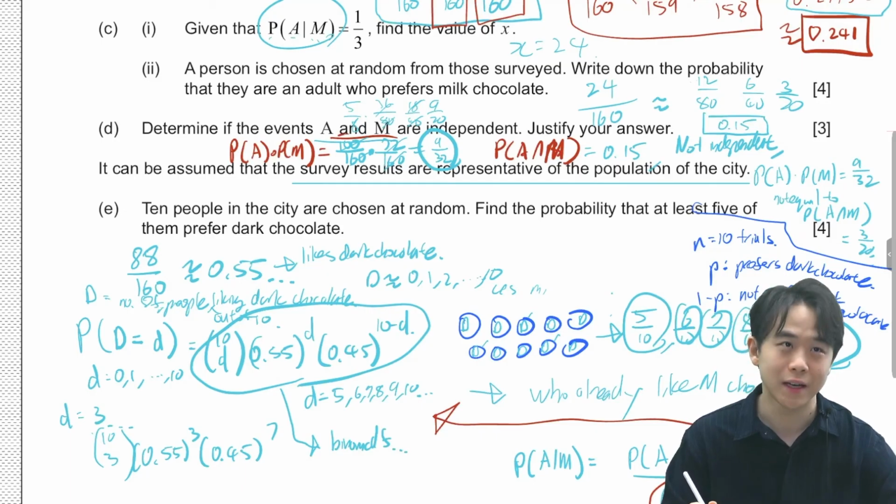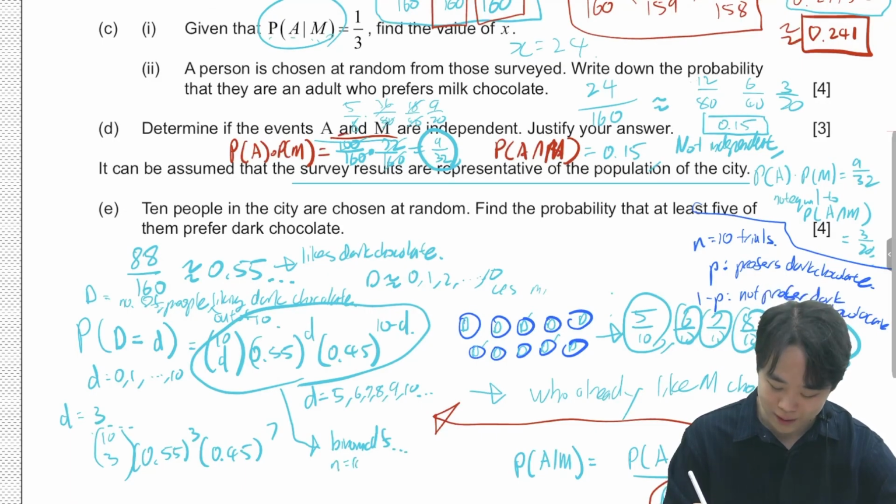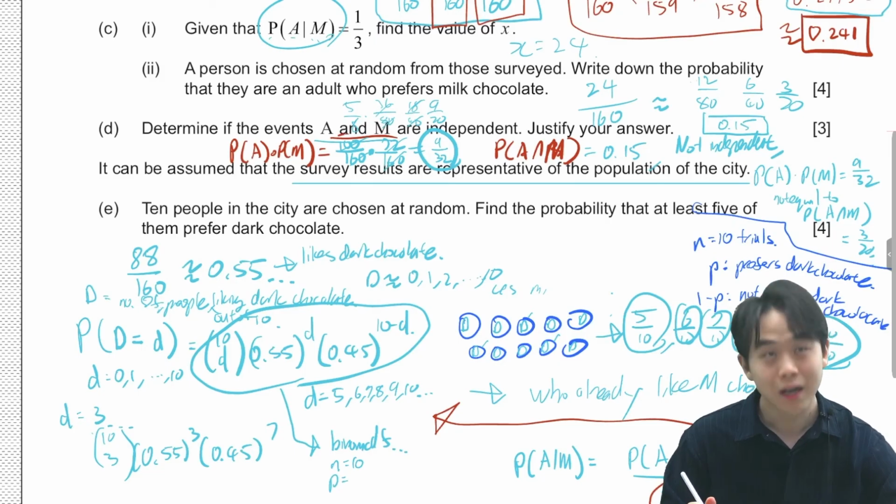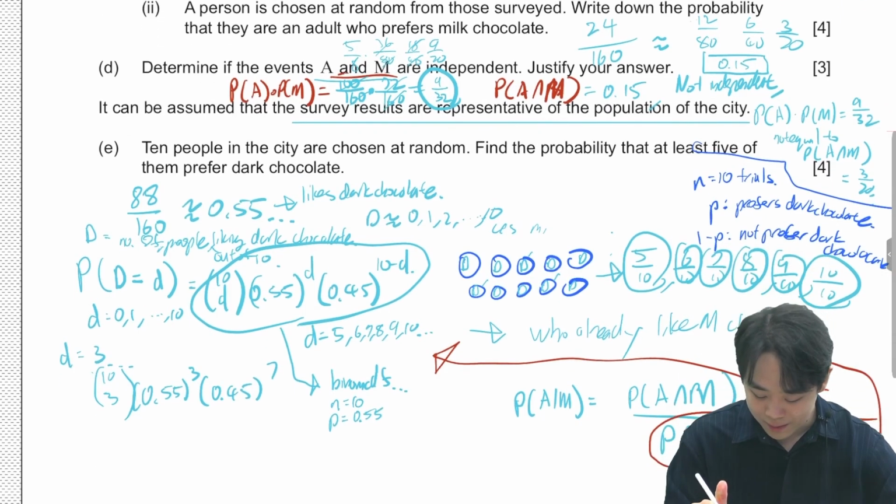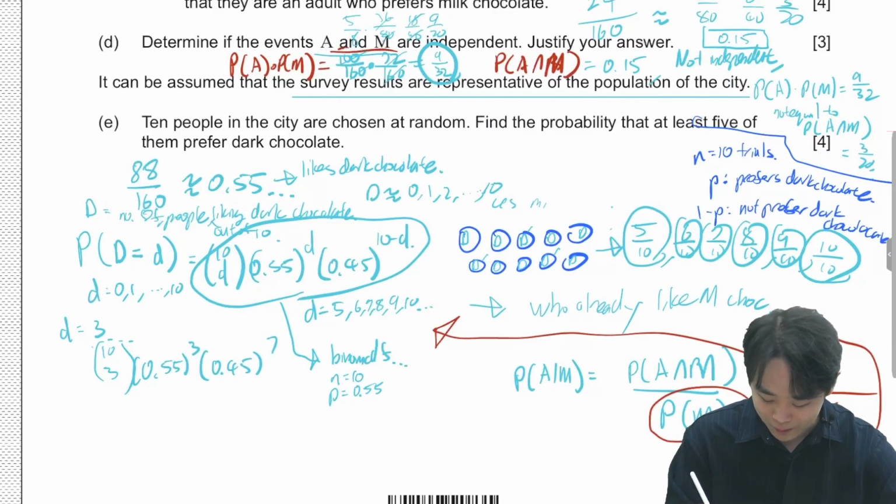So binomial CDF basically does this: we have 10 trials, we tell the calculator the probability of a successful event is 0.55. Then we basically say, okay, I want the lower bound 5, upper bound 10.